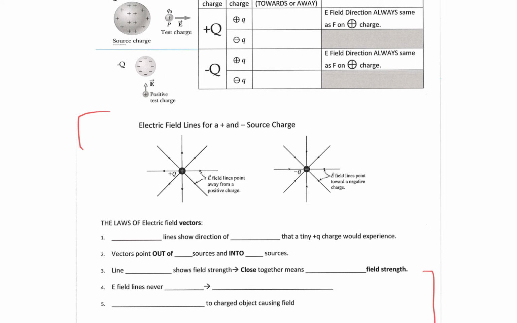Okay, so field lines are completely fictitious. Electric fields are invisible, but when we want to depict them on paper, we call it field line diagrams or field line drawings. These are represented as vectors. They show the direction of force that a tiny positive charge would experience.